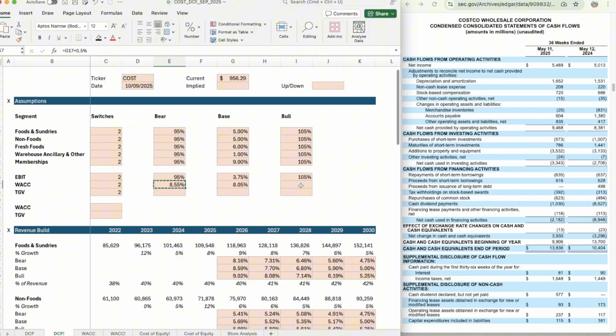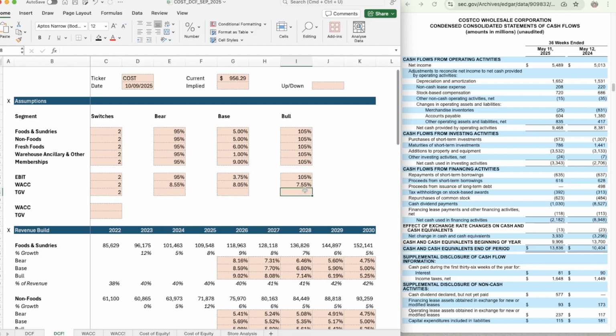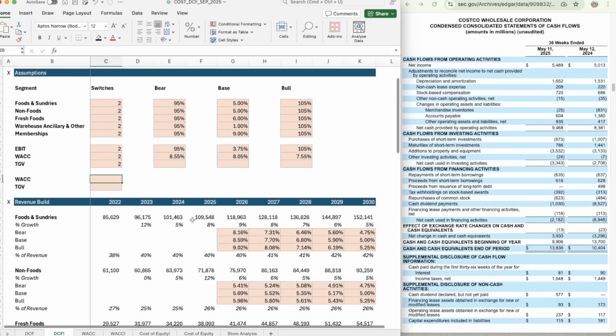Because the higher the WACC, the more bearish you are. And for the bullish, we take off 0.5%. And that gives us the range for what we think the WACC could be.